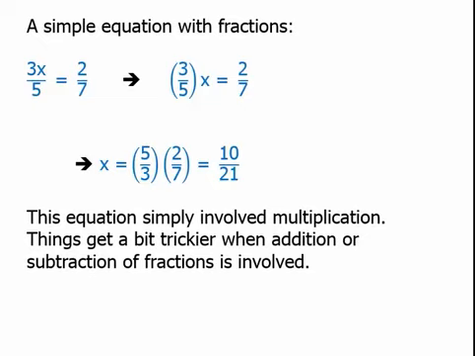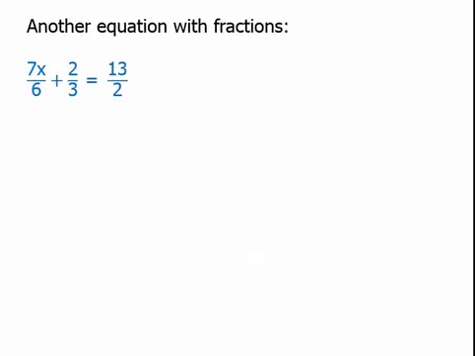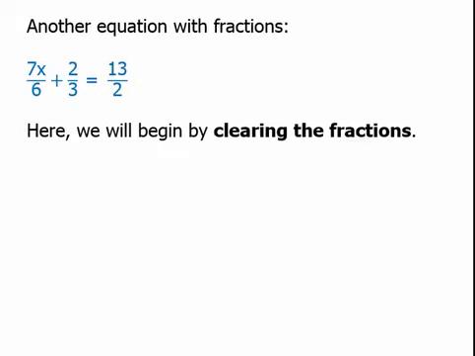Things get a bit trickier when addition or subtraction of fractions is involved. Another equation with fractions. So here we have 7x over 6 plus 2/3 equals 13/2. Well, here we will begin by clearing the fractions.